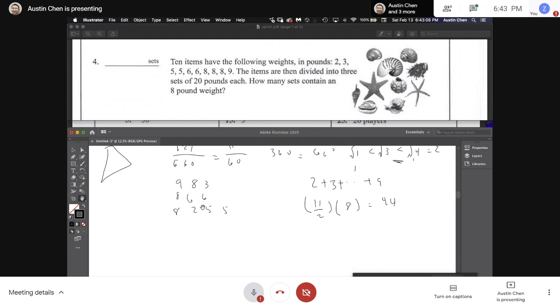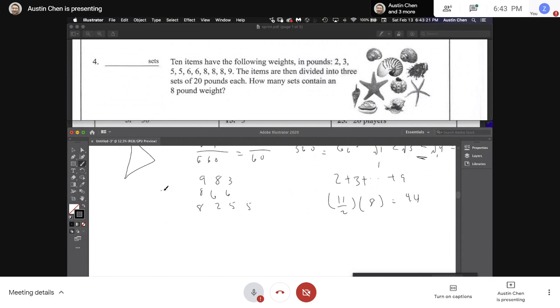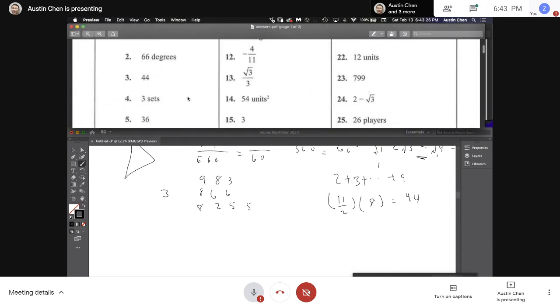It maybe took like 1 minute or so for me to get these groups. So just find the groups, and then count how many sets have an 8. There's an 8 in each set, so all 3 sets have an 8, and that should be your answer.